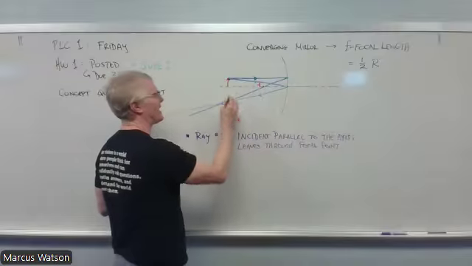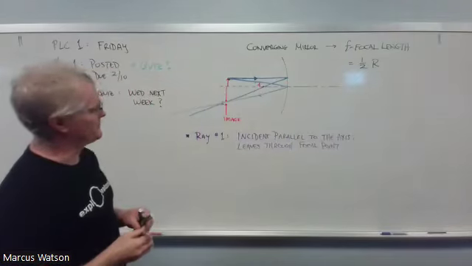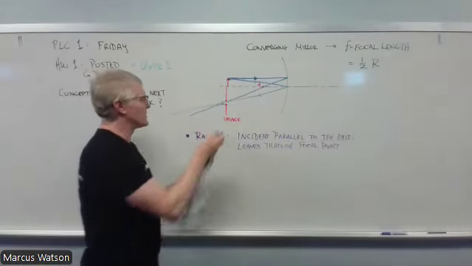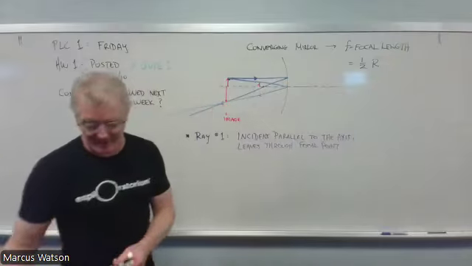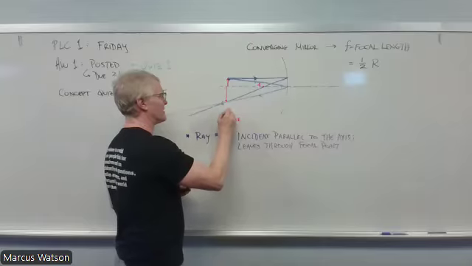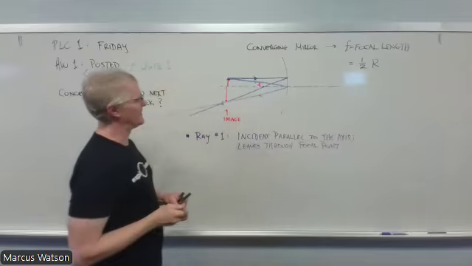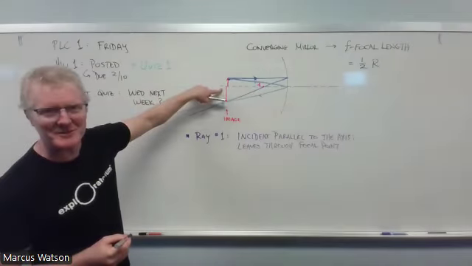So the top of the arrow should be right about there, and the arrow should be something like that. Of course, I drew an arrow to indicate the arrow, so let me not do that. The image is right there. The image is this thing, not this thing. The image is that thing right there.